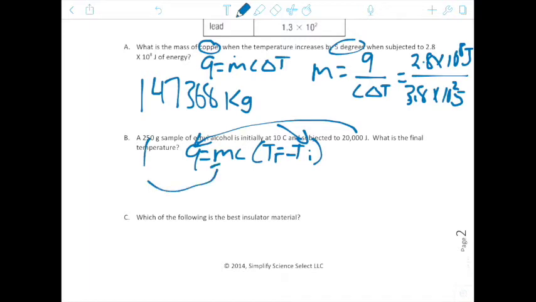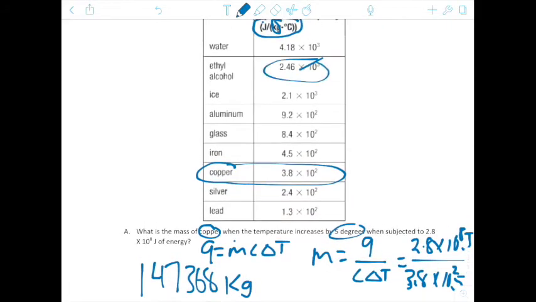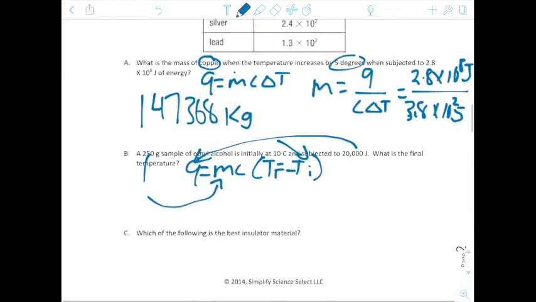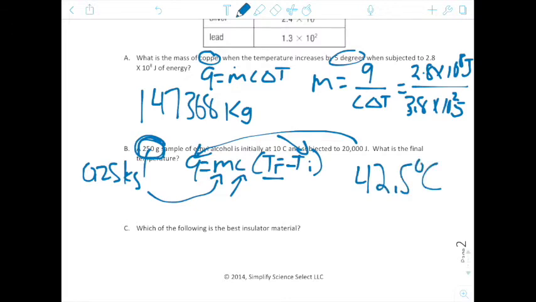Our mass is 250 grams, and since this is ethyl alcohol, we come up here, we find it, there's its specific heat, and we would plug that into c. Now remember that our unit for specific heat is joules per kilogram, so this 250 grams needs to be converted to kilograms, which is 0.25 kilograms. Plug all those variables in and then solve for the temperature final, and we should get a final temperature of 42.5 degrees Celsius.